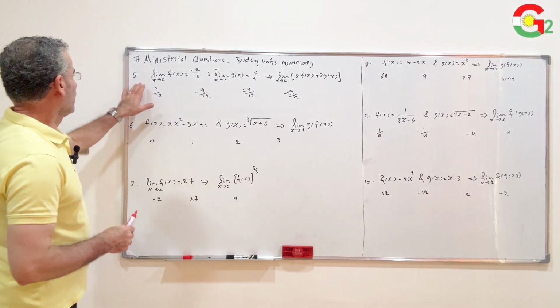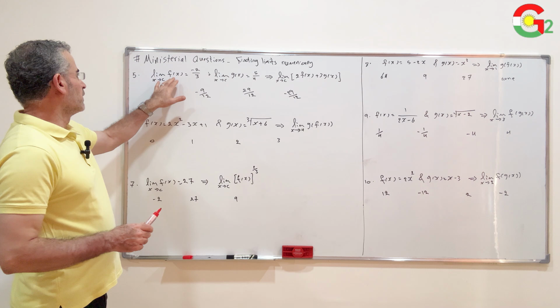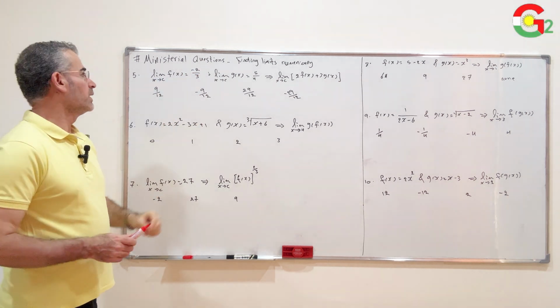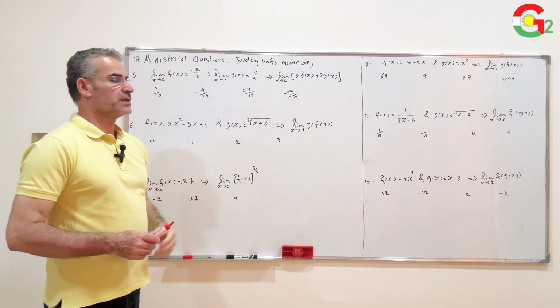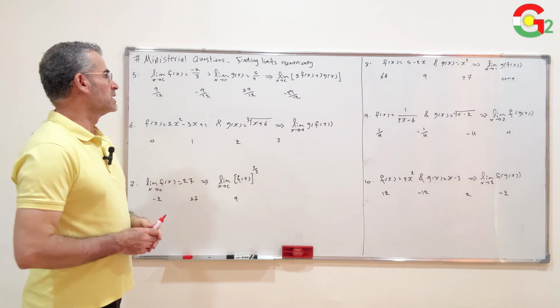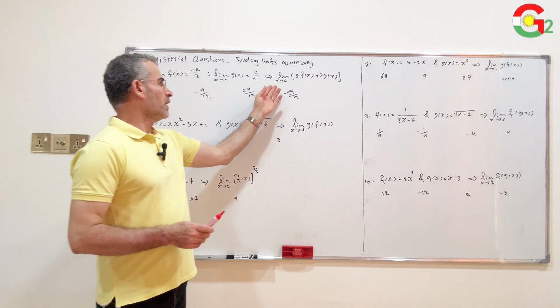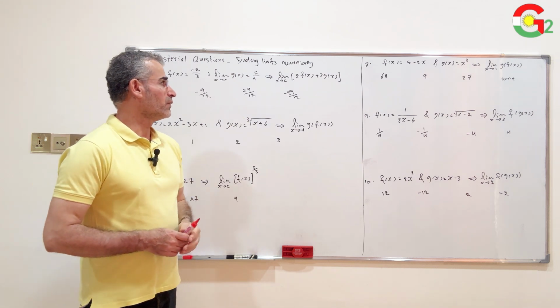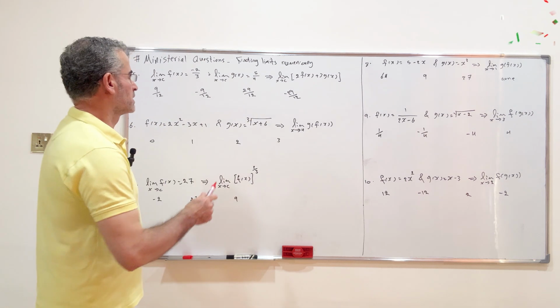Question number 5. If the limit of f of x when x approaches c is -2 over 3, and the limit of g of x when x approaches c is 5 over 4, find the limit when x approaches c of 2 f of x plus 3g of x.